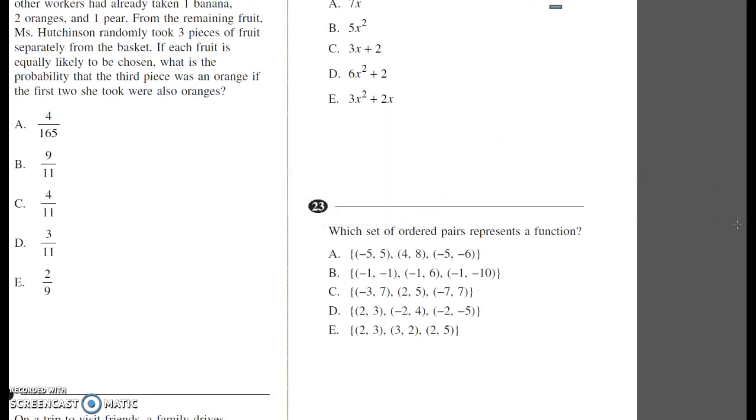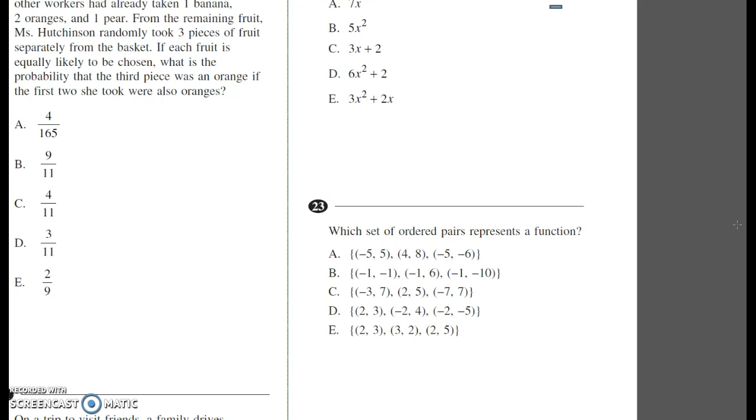So, which set of ordered pairs represents a function? With this, it should only take you a couple of minutes to figure out which set of ordered pairs represents a function. And I'm going to take you through it just to show you how this works. But then once you figure it out, it will be really simple for you to look at it.